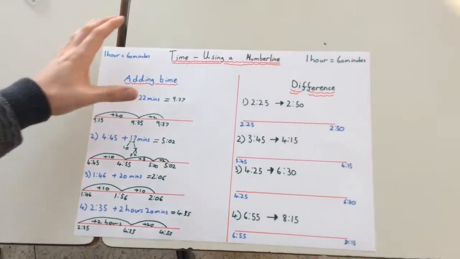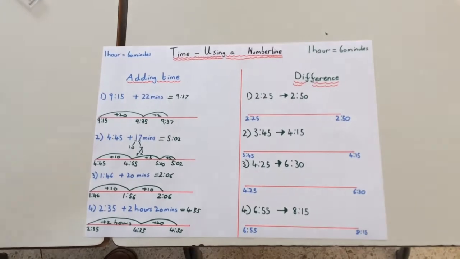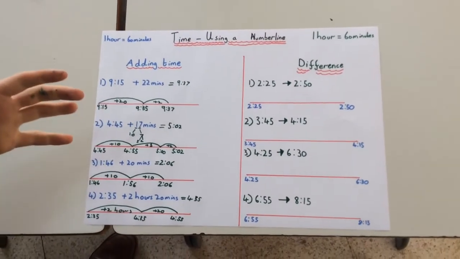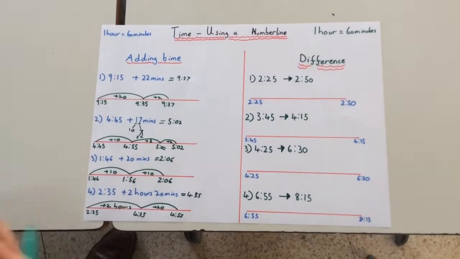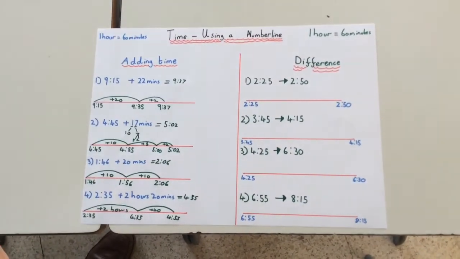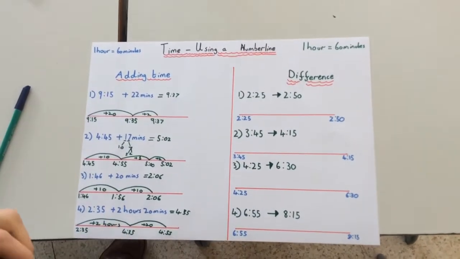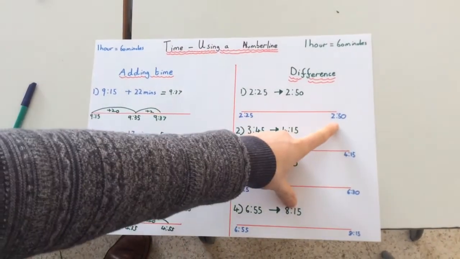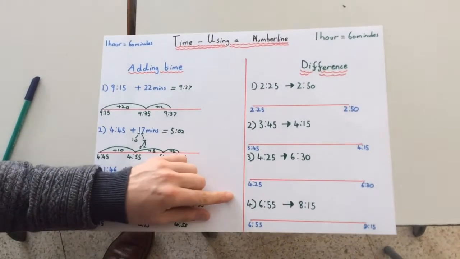Now, that was adding time. And sometimes we get asked questions like, my lesson starts at 2:25 and it finishes at 2:50. How long did it last? That's what we're looking at now. Well, I'm trying to see what's going on between it.